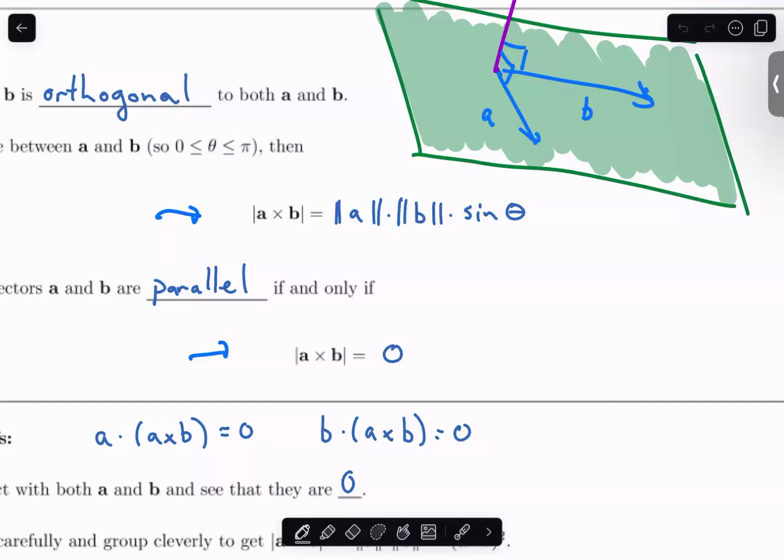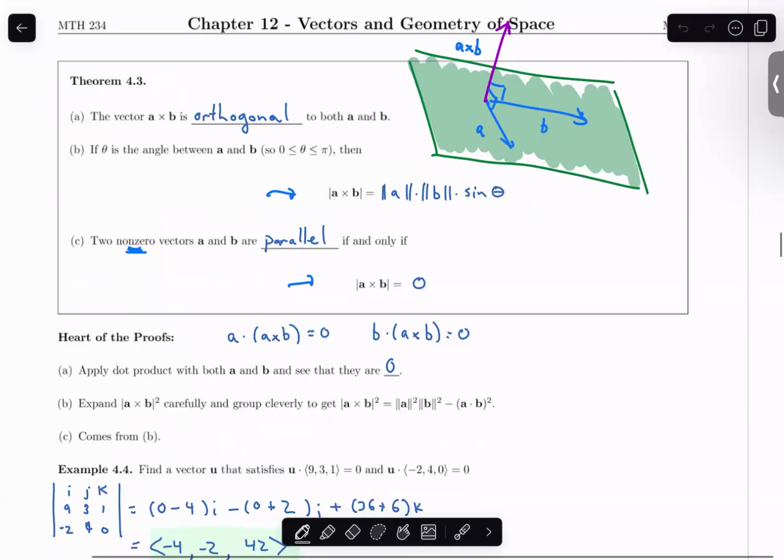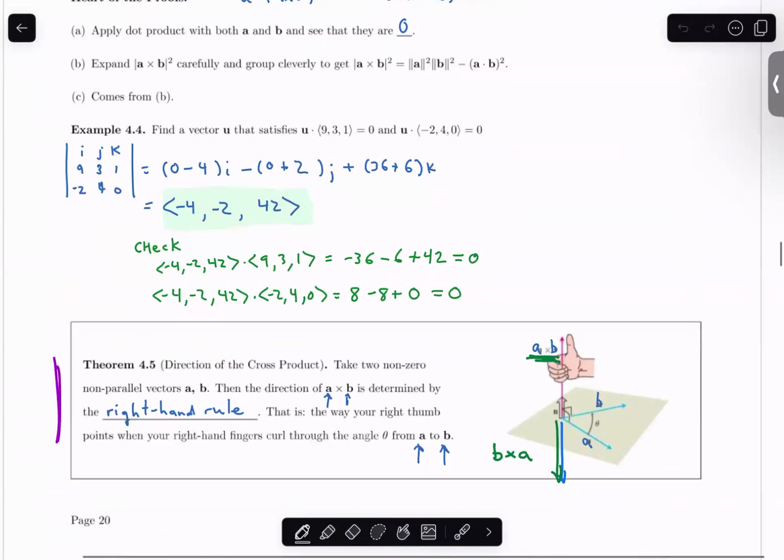So again, if the dot product is 0, you get perpendicular. If the cross product gives out 0, and the easy way to check that is with the magnitude, then that means that they're parallel. A few more quick examples. We talked again about the right-hand rule, but that's the pre-class videos in a nutshell.